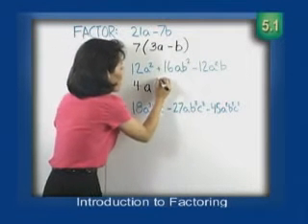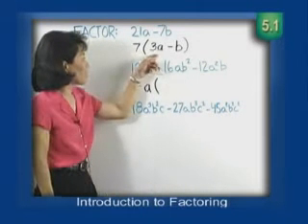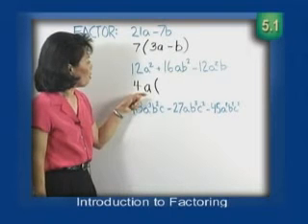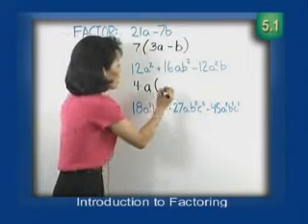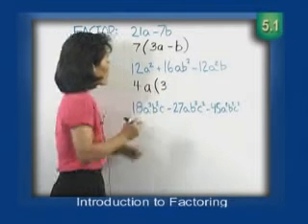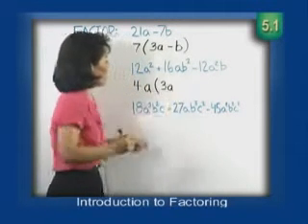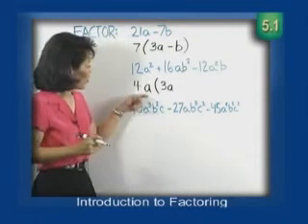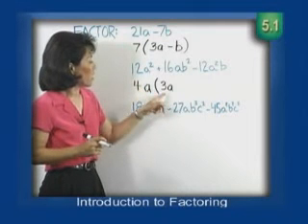To write this now as a product, we're going to ask ourselves the questions as we did in the previous example. 4a times what gives me 12a squared? Well, how about 3? I need that to be an a squared, so I'm going to multiply by a. Let's just make a quick check here. 4a times 3a is 12a squared.